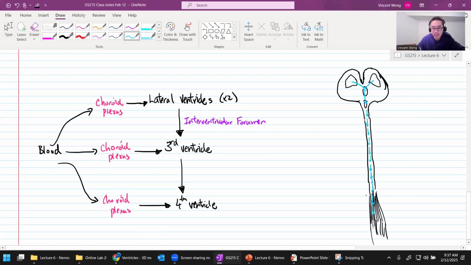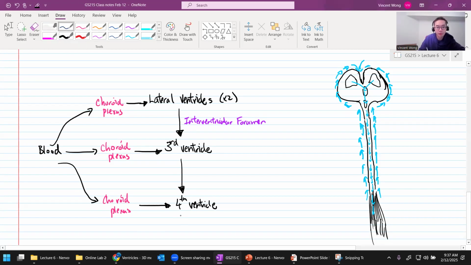And then once it exits at the bottom, it's going to come back up from the subarachnoid space. Let's go surround the brain. And ultimately, it's going to go back to the dural venous sinus.